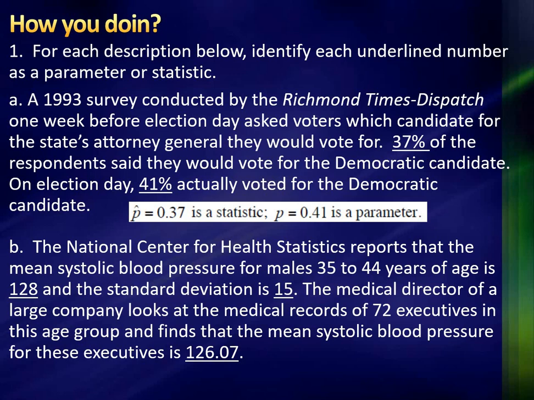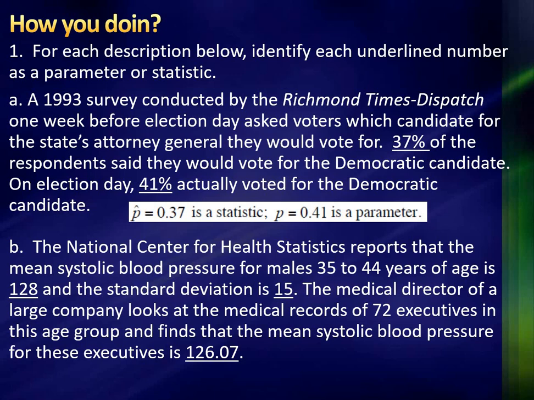Notice how I'm not talking about all voters, like all people who can vote. Because frankly, I only care about the people that do vote. And that's how politicians work. They're going to care about the people that come out to vote. So if you notice here, we have P hat for your statistic. You have P for your parameter.